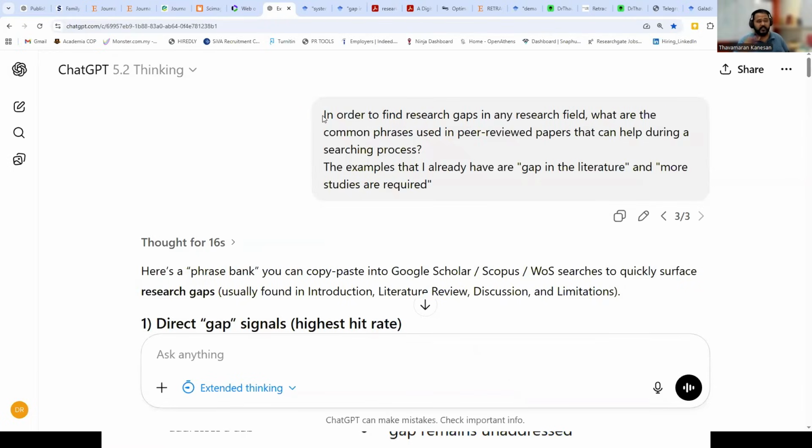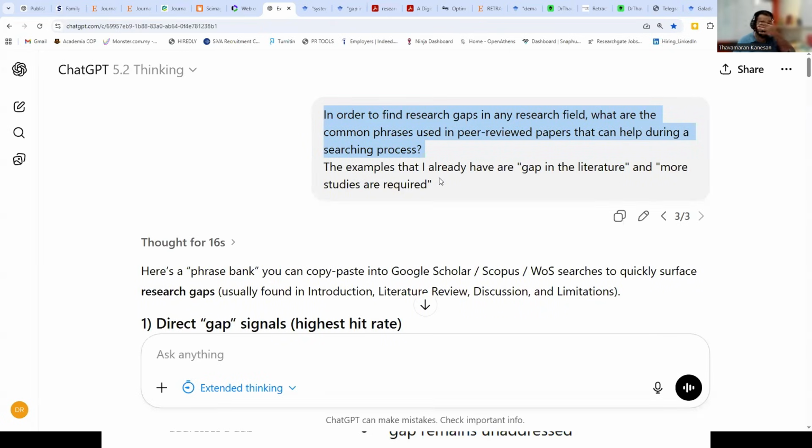I'm finding a research gap potentially in an area to write a very high impact paper. In order to find research gaps in any research field, what are the common phrases used in peer-reviewed papers that can help during a searching process? The examples that I already have are "gap in the literature" and "more studies are required."